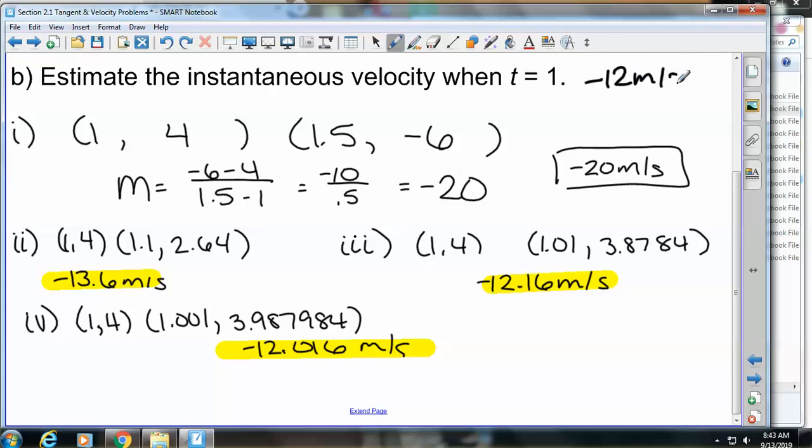Negative 12. So our instantaneous velocity at that one particular time is negative 12. All right. Questions? It's tedious work, but it's not necessarily difficult. It's plugging numbers in your equation, you get your y, and then doing slope over and over and over again.